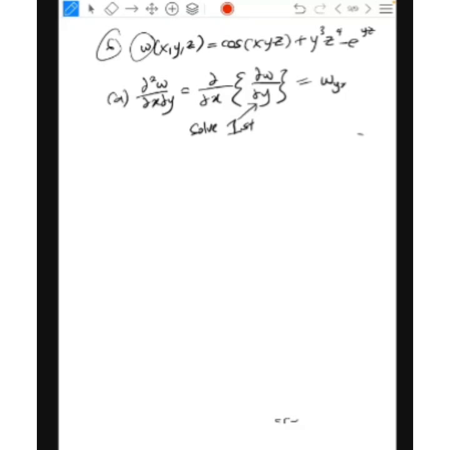Okay, so for del w del y, now I have two other variables as constant, which is x and z. Okay, so y tu kat sini, y tu kat sini, and then y tu kat sini. Semua kena beza. Before I differentiate the xyz, I have to differentiate cos. Differentiate cos will get negative sign.